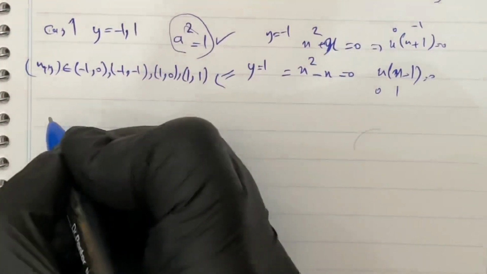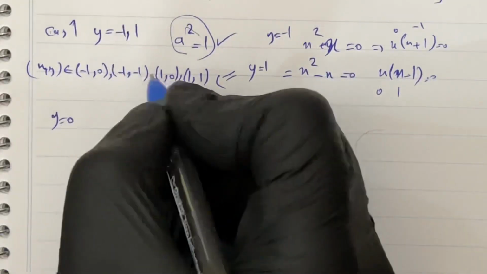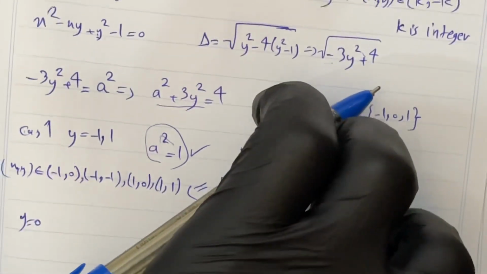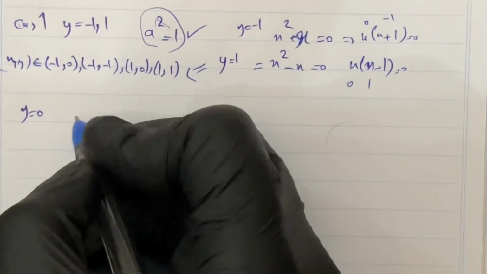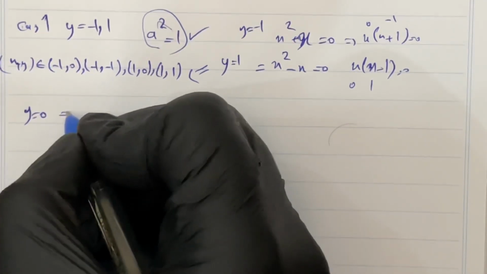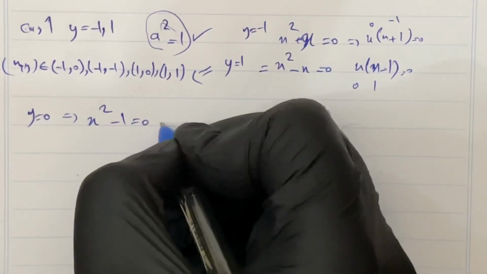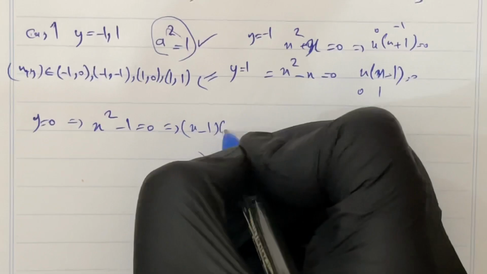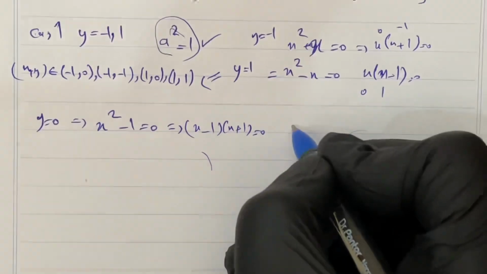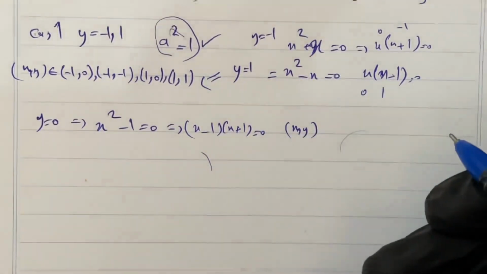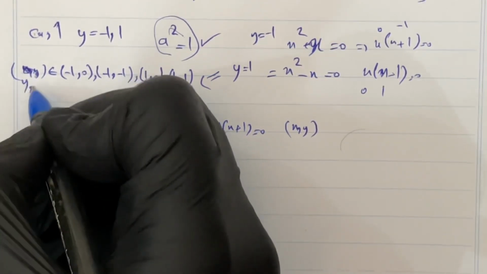For another case, let me quickly check y equals 0. Substituting here, we would get x² minus 1 equals 0, so (x minus 1)(x plus 1) equals 0. I'm sorry, I read it the wrong way.